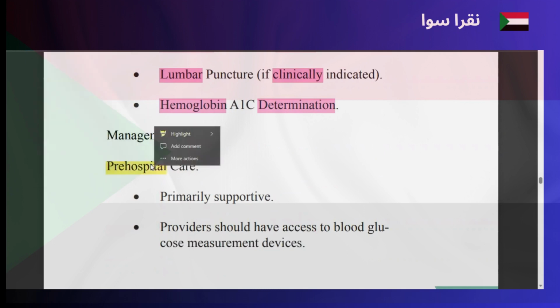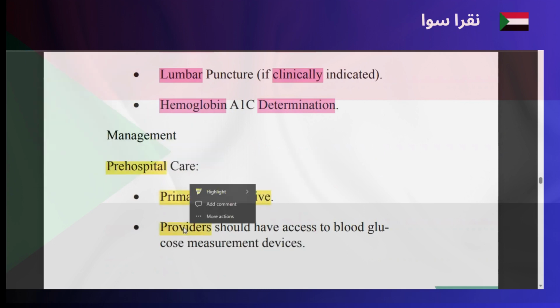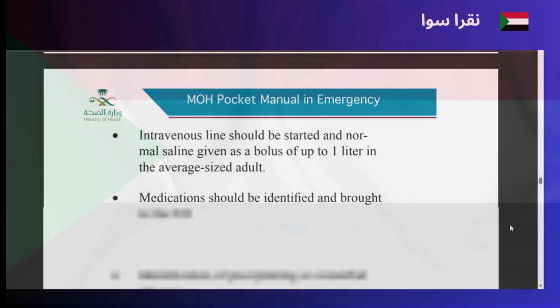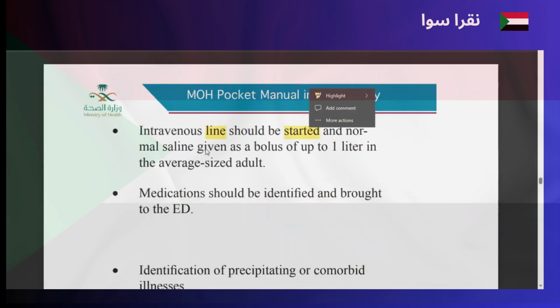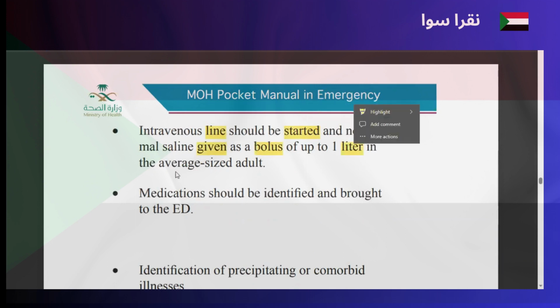Pre-hospital care is primarily supportive. Providers should have access to a blood glucose measurement device. An intravenous line should be started and normal saline given as a bolus of up to 1 liter in the average-sized adult.